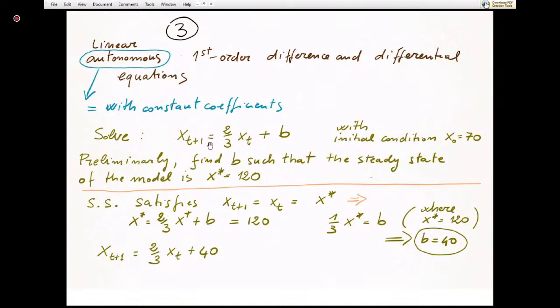So for instance, x_{t+1} is equal to 2/3 x_t plus b. Suppose that the initial condition is x_0 equal to 70.